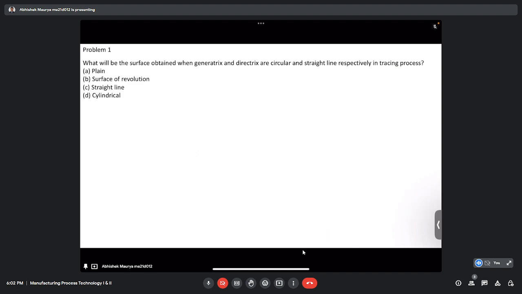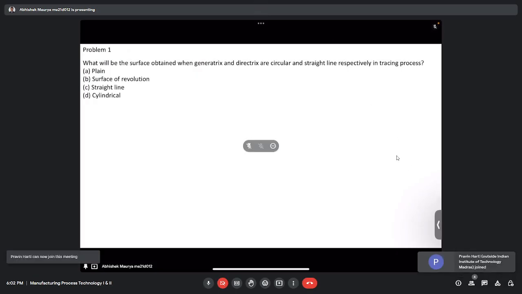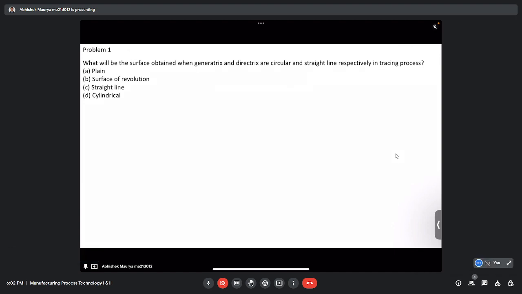This is the first problem. Please try to solve it by yourself first, then we will discuss it together. You can give your response in the chat box. Please read the problem and give your response in the chat box.